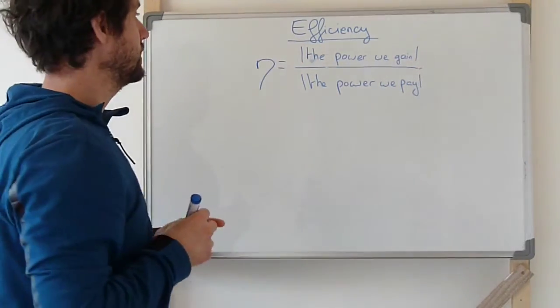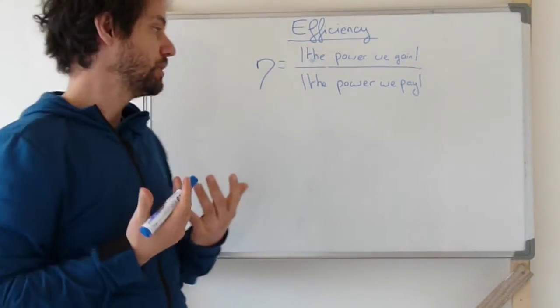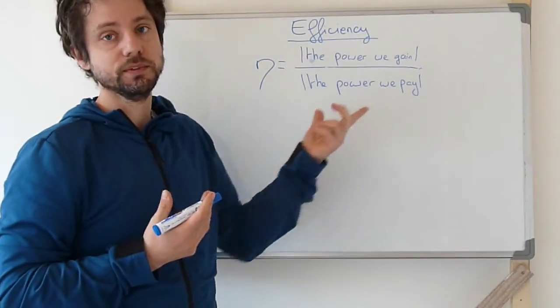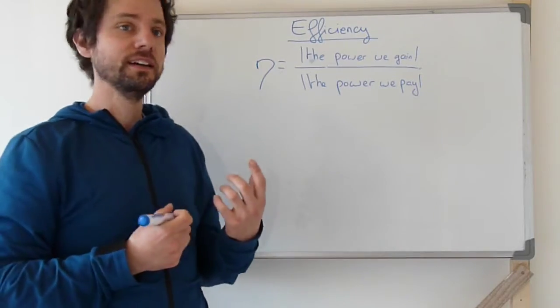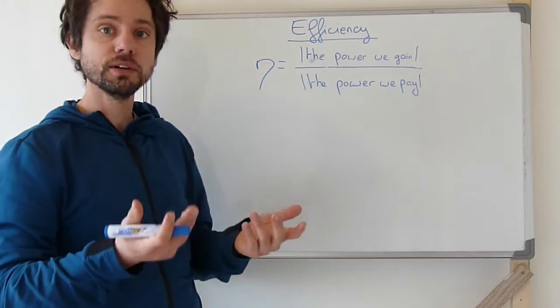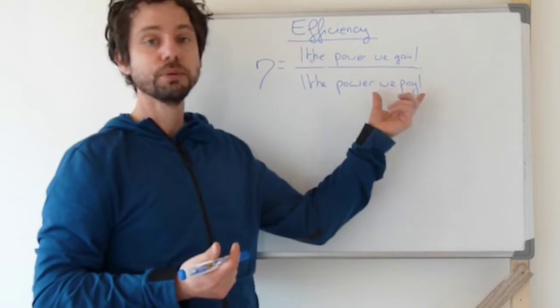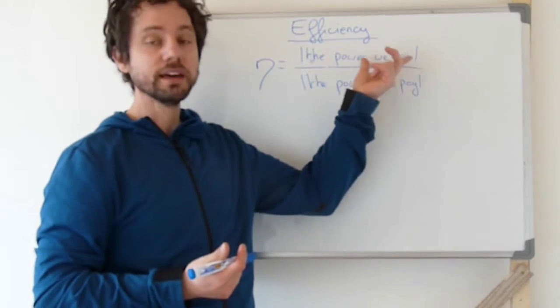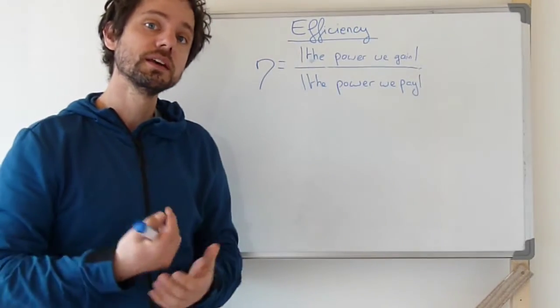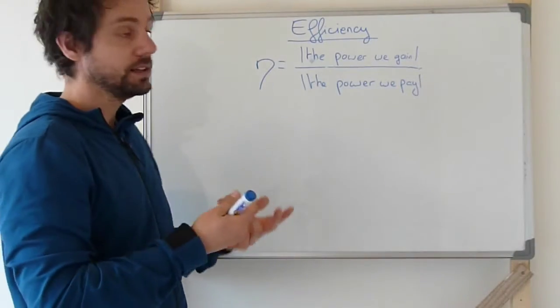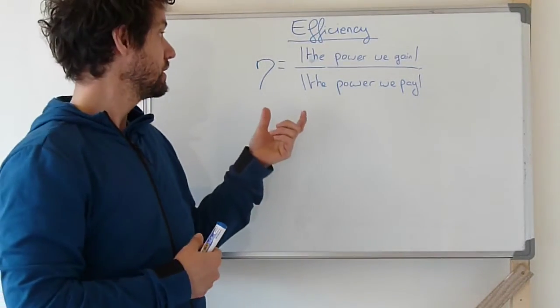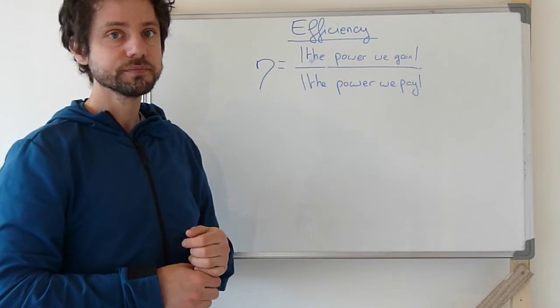That's what I mean by an economic parameter, because it's an economical point of view which will define if a given power exchange corresponds to something we pay, to something we gain, or in some cases to something neutral that will not even be taken into account in the efficiency.